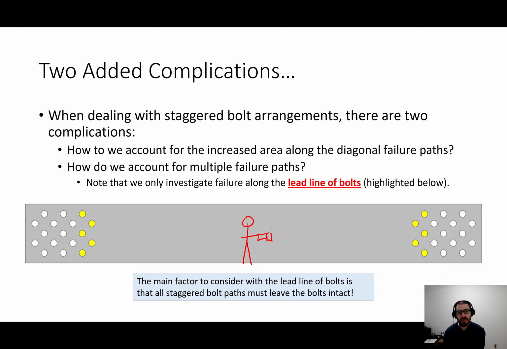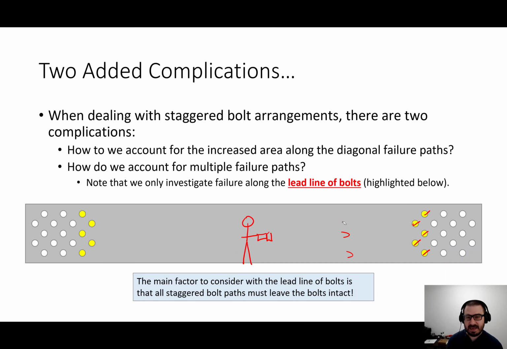And you shone a flashlight, a beam of light, like this. What bolts would it hit? It would hit this one, this one, this one, this one, this one. All of the other bolts would be in the shade, as it were. These white bolts here would be in the shadow of the bolts that are in front. And so we call that the lead line.